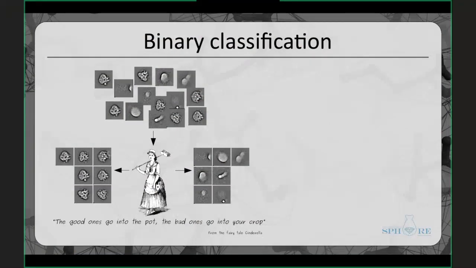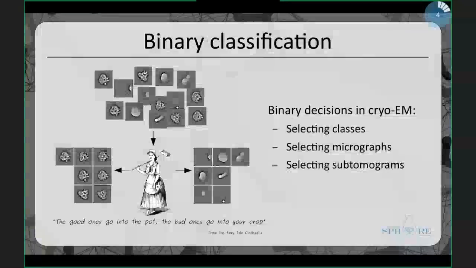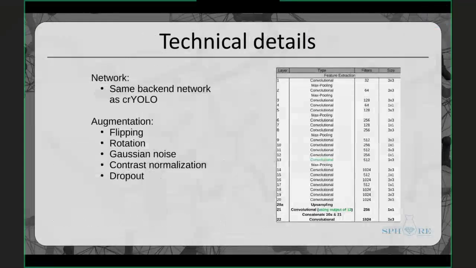You can do that with Cinderella, but you can do more, like selecting good or bad micrographs, or selecting sub-tomograms. I will talk about all of these three cases, but before I show you the applications, I would like to talk shortly about a few technical details in Cinderella.